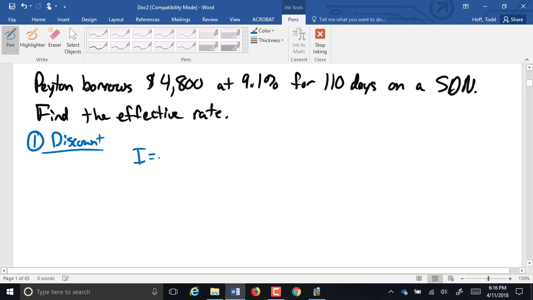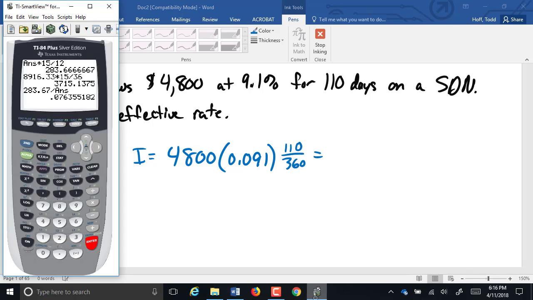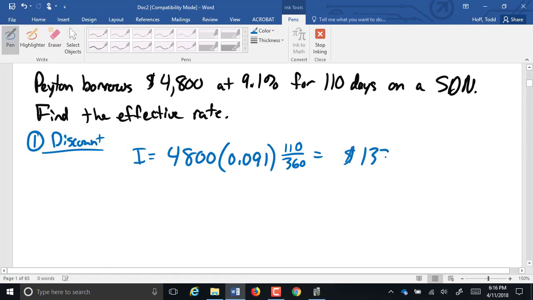So how do we find the discount? Our face value, 4,800, times our rate of 0.091, times our time of 110 over 360. Very good. Giving us $133.47.